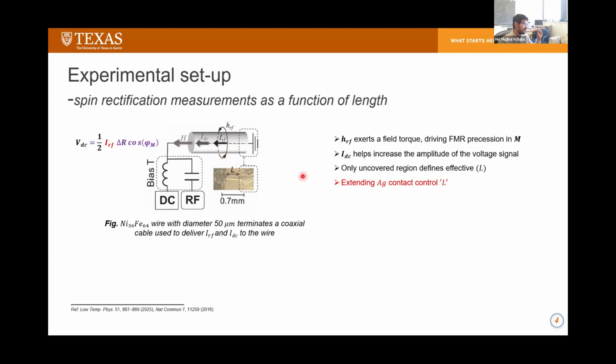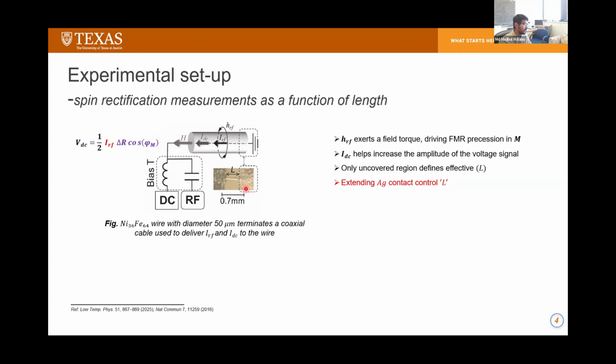To improve the detection level, we apply a small DC current, because it is well known that the amplitude of the voltage becomes larger in the presence of DC current. By the way, this is the microscope view of the wire connection. On the left-hand side, we use a soldered indium contact, and on the right-hand side, we use a conductive silver paste contact.